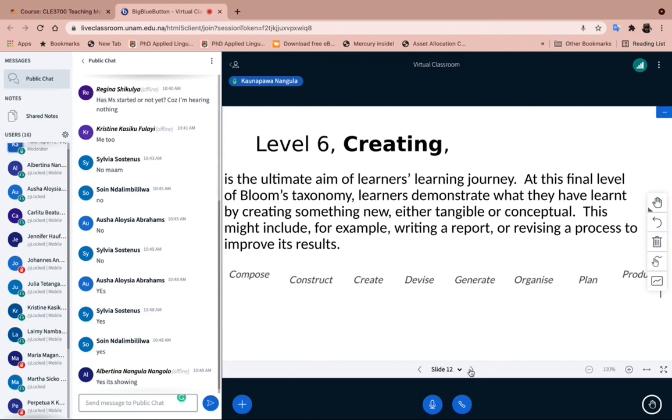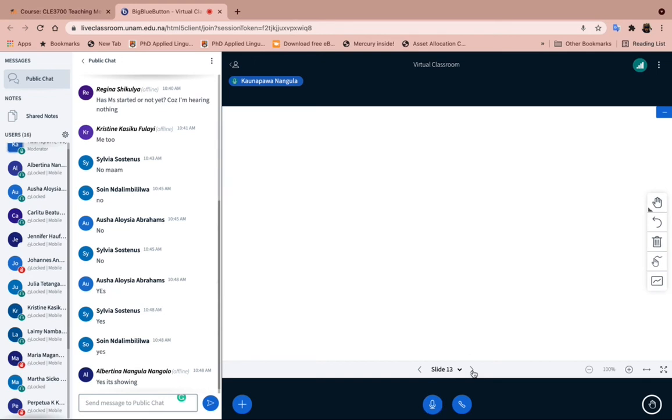And this might include, for example, writing a report or revising a process to improve its result. And then we have verbs like compose, construct, create, devise, generate, organize, plan, and then produce again. We have it here. And then we'll see more examples, okay?